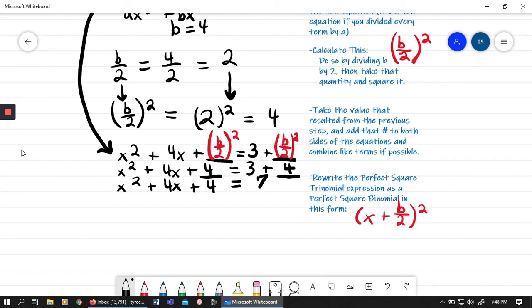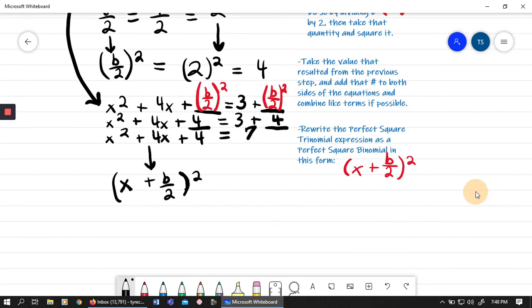So again, we want to take this perfect square trinomial here, and we want to write it in this form: x plus b divided by 2, and this quantity squared. We want to write it as a perfect square binomial.